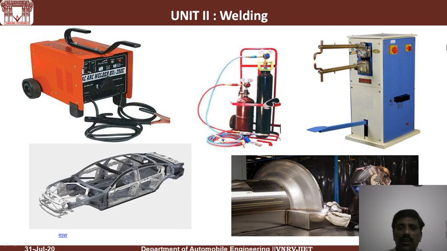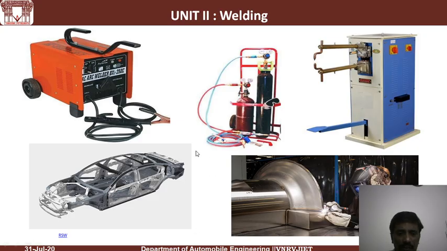The second unit consists of various welding techniques. Welding means joining two or more materials by applying heat and/or pressure. You can see some techniques shown here: arc welding, gas welding, spot welding, and TIG welding. Depending upon the material and the finish level we require, we use different welding processes.